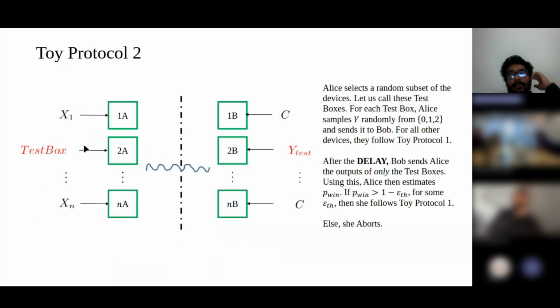Suppose this is a test box. On the test box Alice can send Bob an input that he has to provide, and then Bob simply has to answer back. She can do this for a random subset of the boxes, and she can basically count.